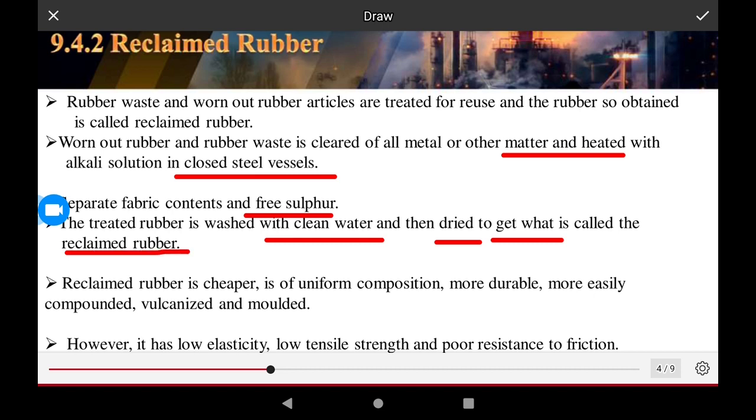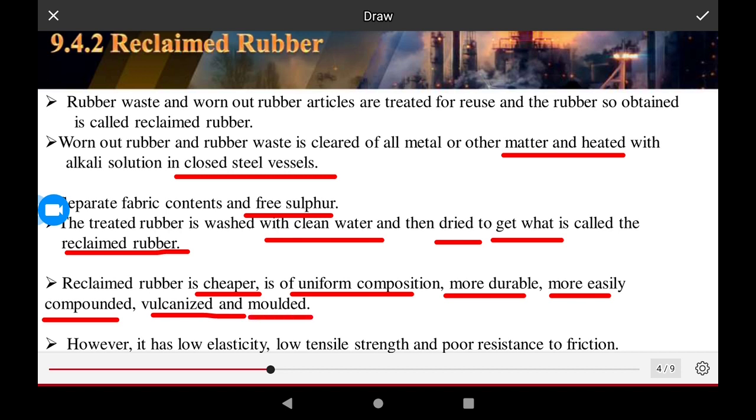Reclaimed rubber is cheaper, of uniform composition, more durable, more elastic, and can be compounded, vulcanized and molded.